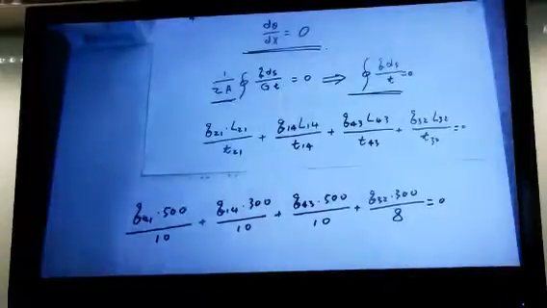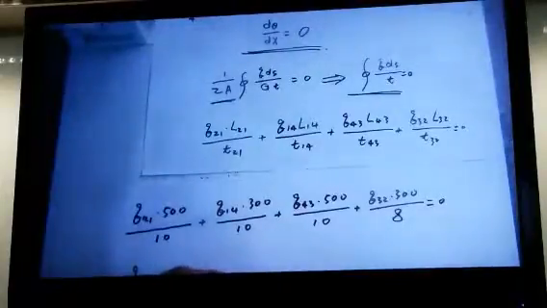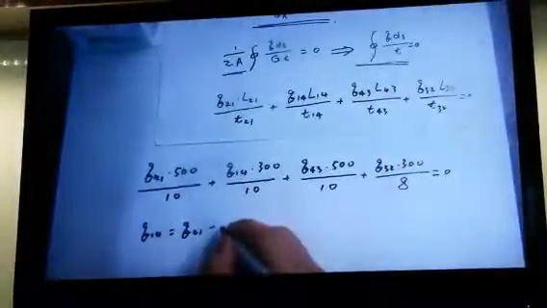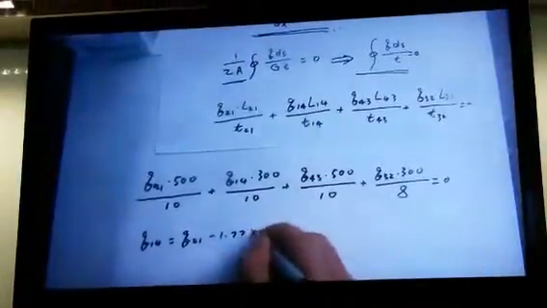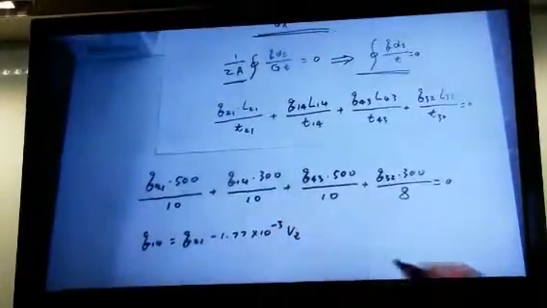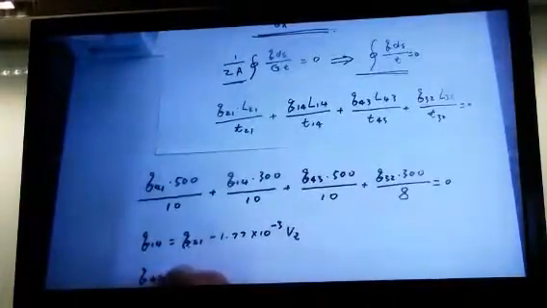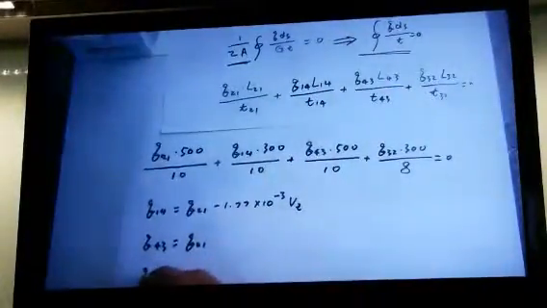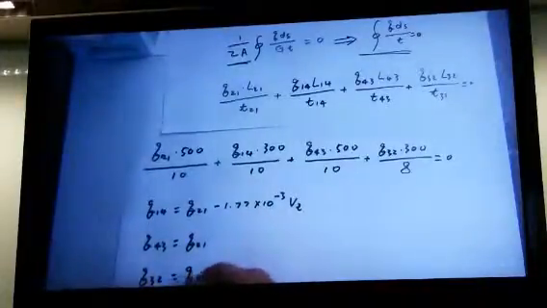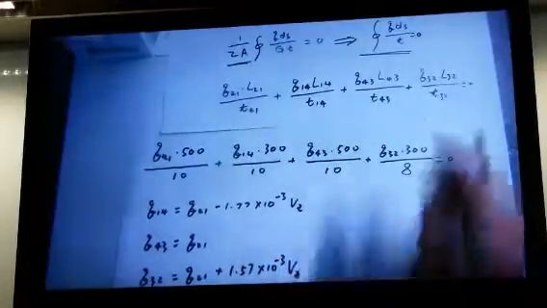And then we have derived Q14 is equal to Q21 minus, this is what we have derived in the previous slides, 10 to the minus 3 VZ, right? And Q43 is equal to Q21. And Q32 equals Q21 plus 10 to the minus 3 VZ.